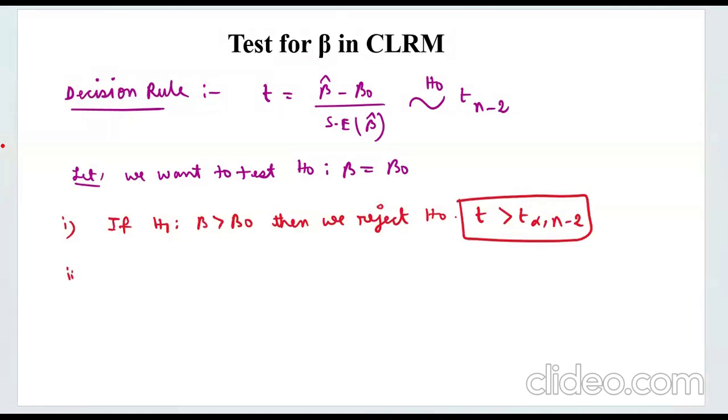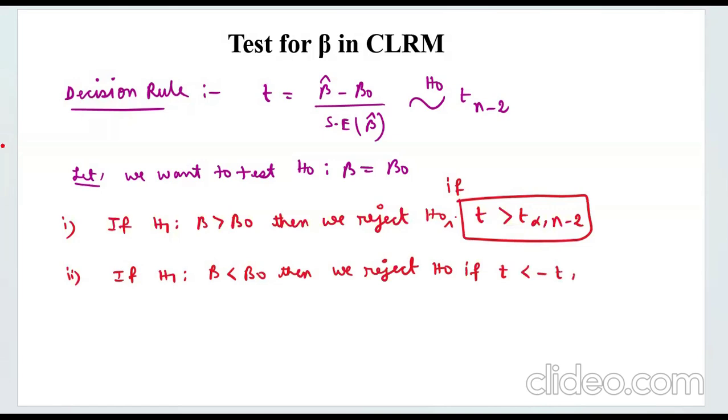The second possibility would be if H1 is beta less than beta naught, then we reject H naught if T is less than minus t alpha, n minus 2.